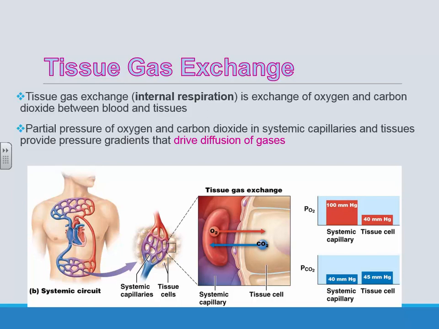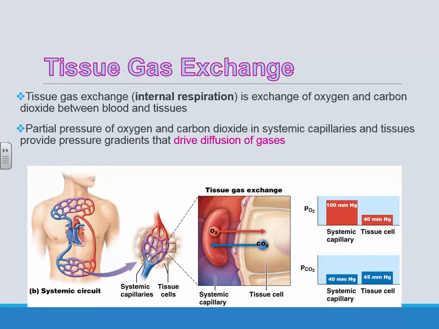With tissue gas exchange, the internal respiration that goes on at the tissue level, or we say the systemic exchange with the systemic capillaries, the oxygen and the carbon dioxide are exchanged between the blood and the tissues. So we again know that partial pressure of oxygen and carbon dioxide in the capillaries and the tissues provide the gradients that will drive diffusion of those gases.